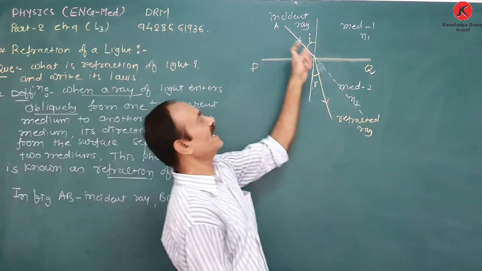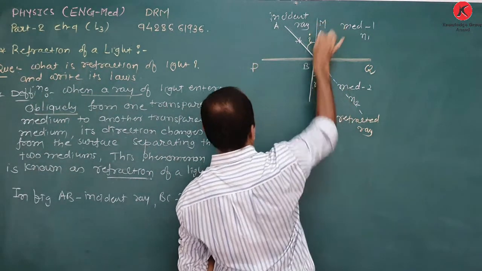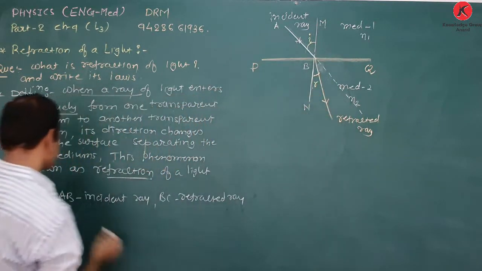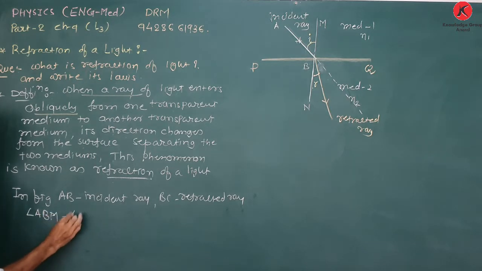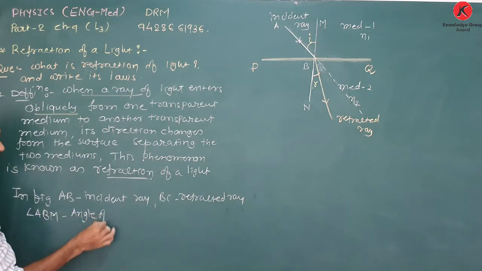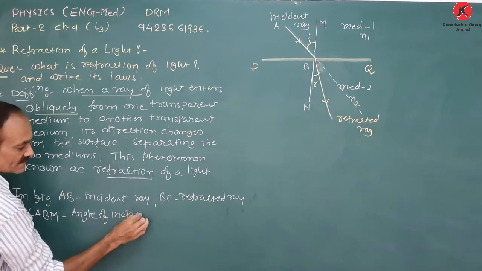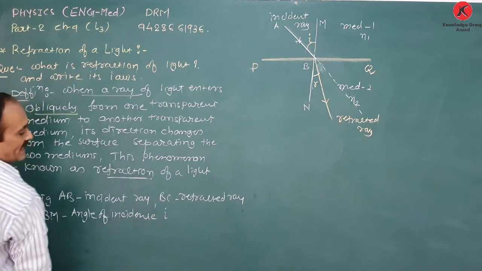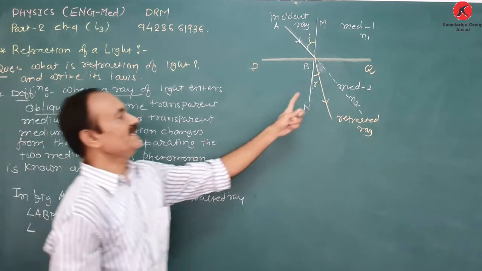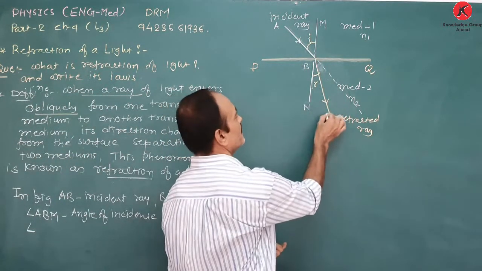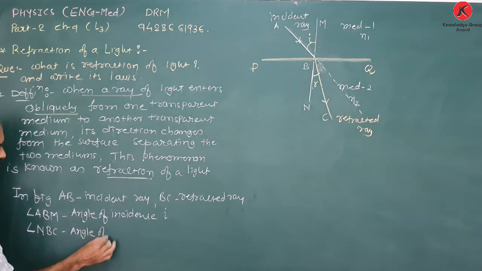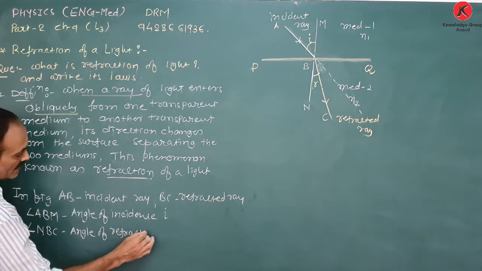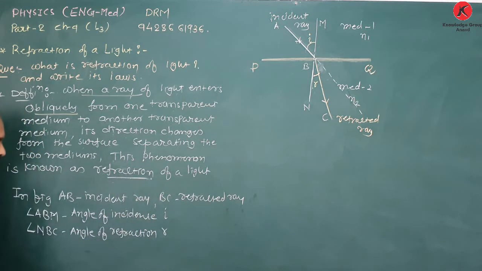Now, angle ABM is the angle of incidence, denoted as i. Angle NBC is the angle of refraction, denoted as small r.